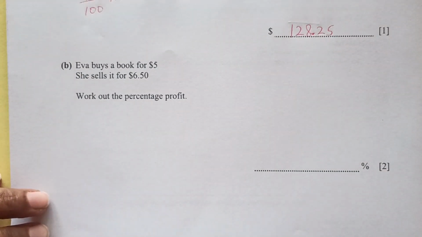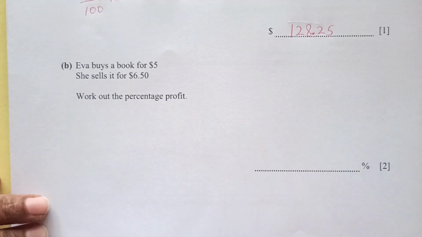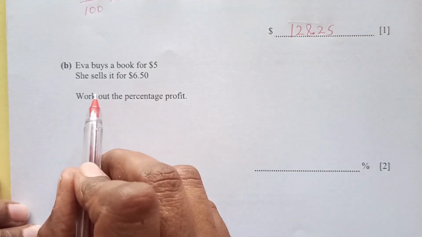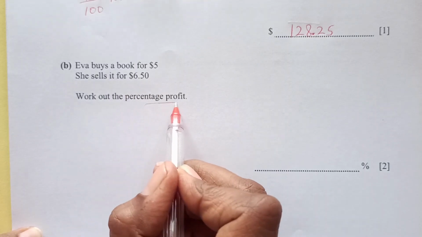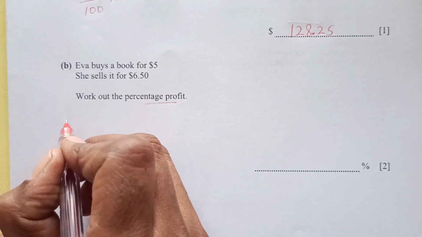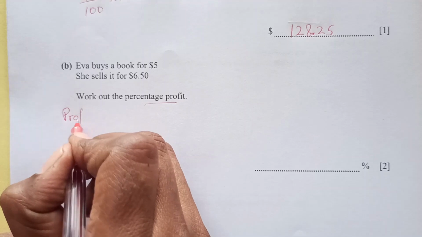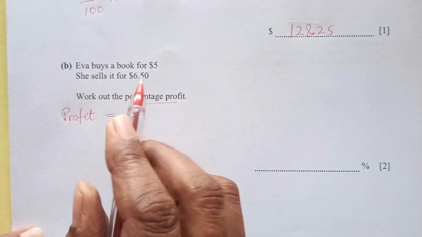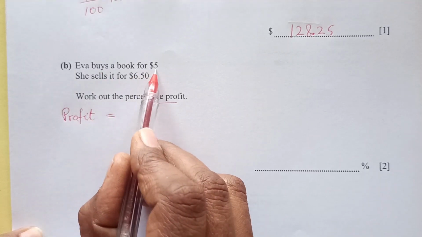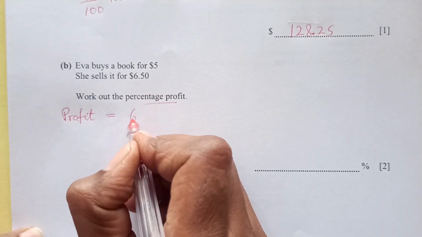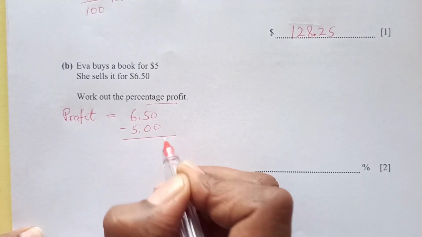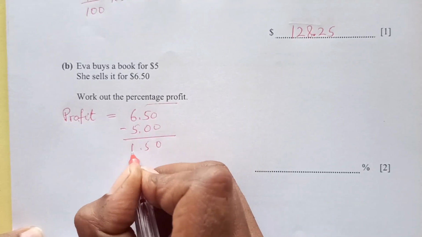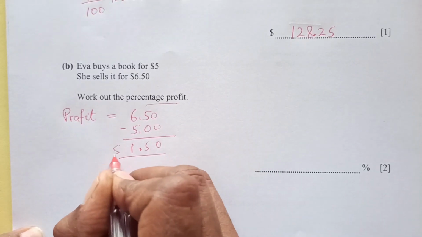Now next, B part, Eva buys a book for $5. She sells it for $6.50. Work out the percentage profit. Before we find the profit percentage, first we need to find out the profit. She buys the book at $5 and she sells it at $6.50. So we need to find the difference, 6.50 minus 5, which is 1.50 in dollars, right?